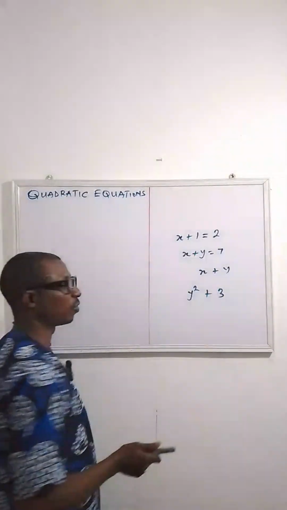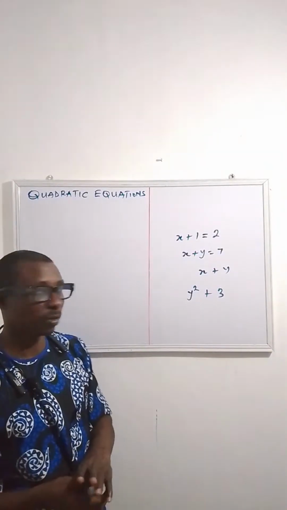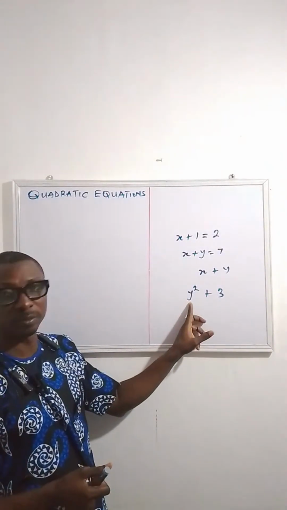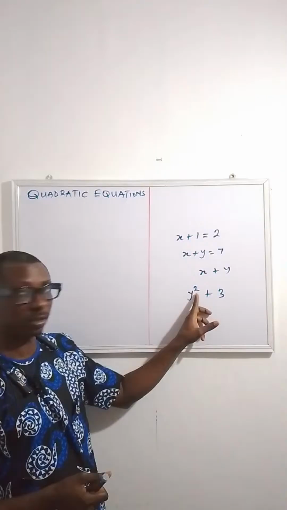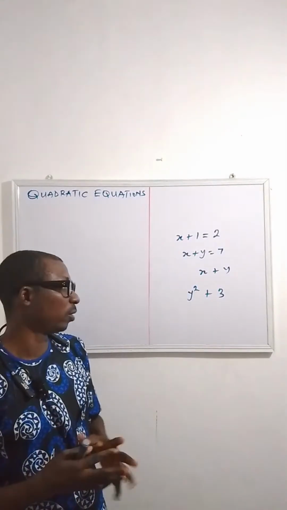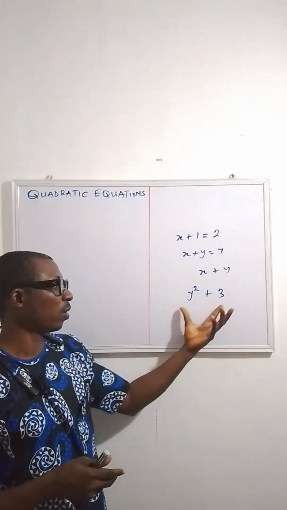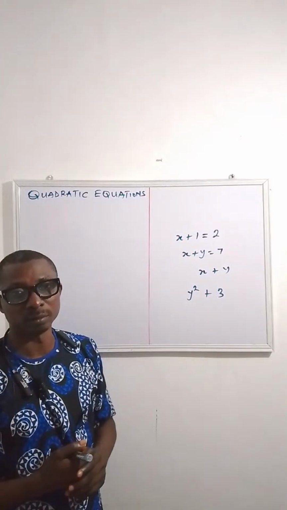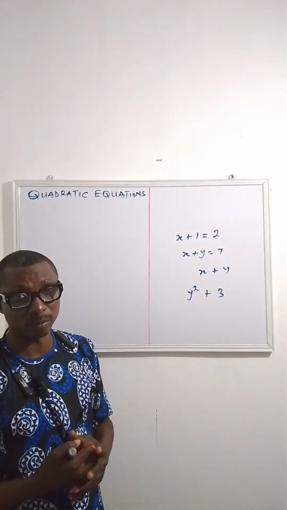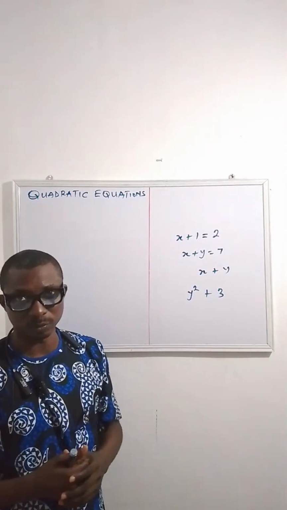This is an example of a quadratic expression. Why? Because the power of the variable here, which is y, is 2. So whenever you have an expression in which the power of the variable is 2, we call it a quadratic expression.